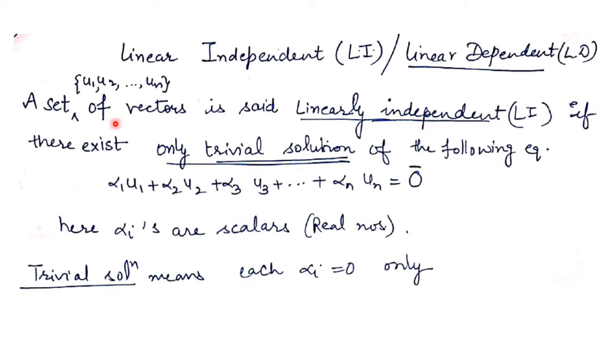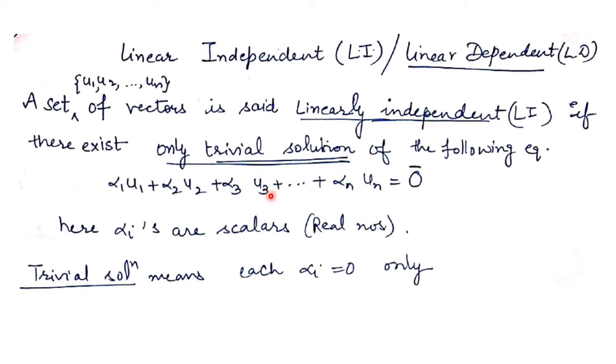So once again, see what do you mean by linearly independent set of vectors. Let's suppose a set u1, u2, un of vectors is given to us. We say this set is linearly independent if there exists only the trivial solution. Trivial solution means 0, 0. As we know that if we consider alpha 1 to be 0, alpha 2 to be 0, alpha 3 to be 0 and till up to alpha n to be 0, left hand side will become 0, right hand side is already 0. So 0 is equal to 0, satisfied.